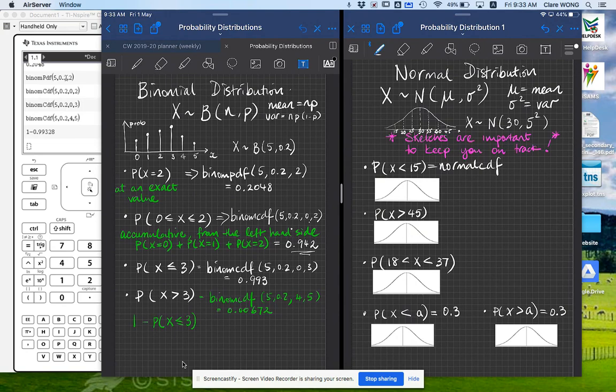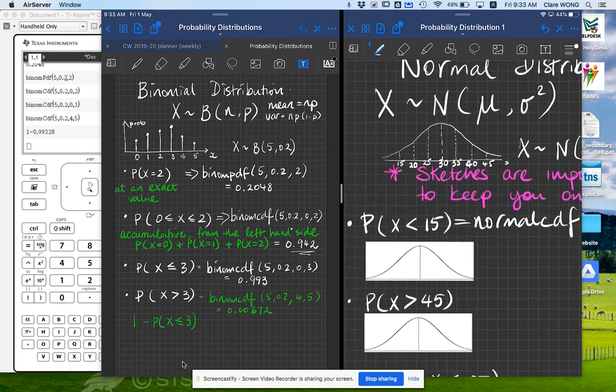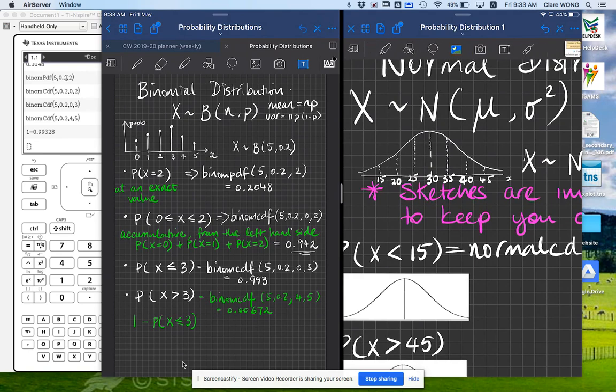Normal distribution is about a continuous variable. For example, comparing with binomial distribution, we can have an exact value probability of x is equal to 2. It will never happen here with normal distribution.